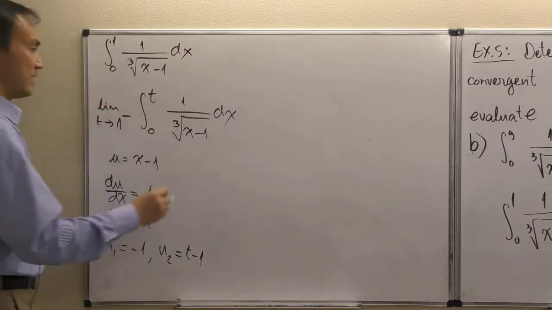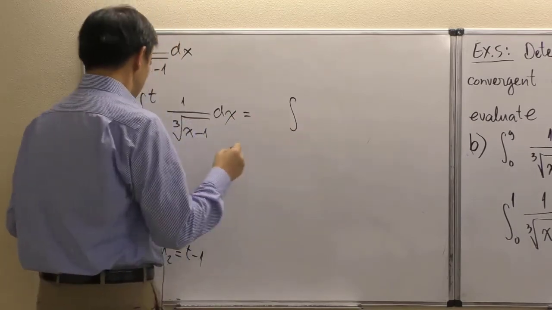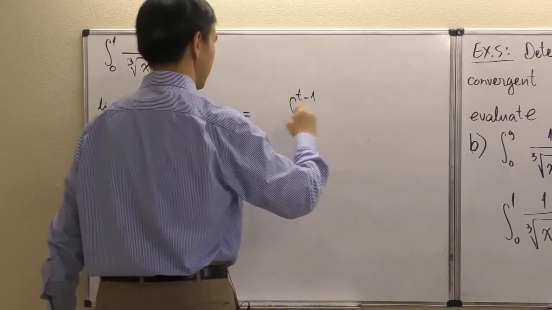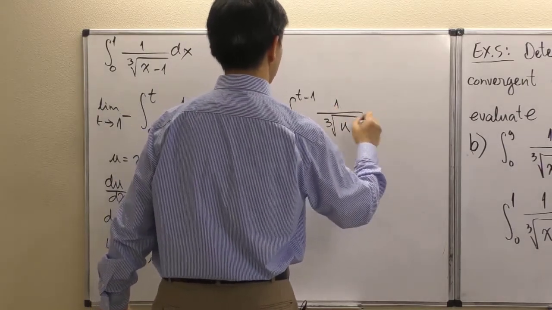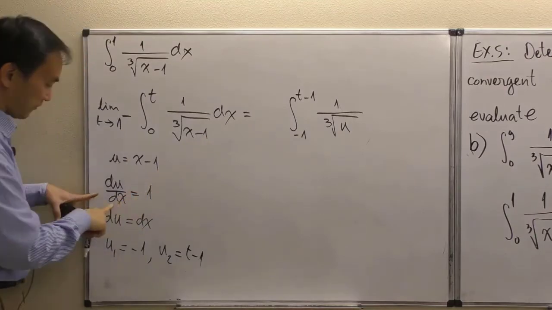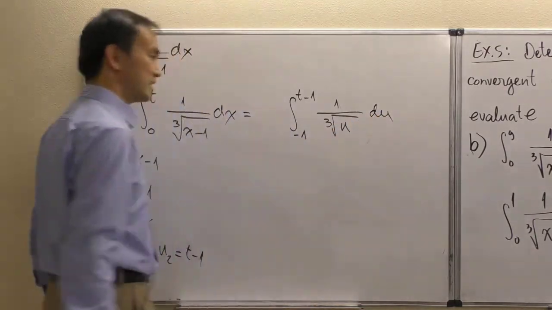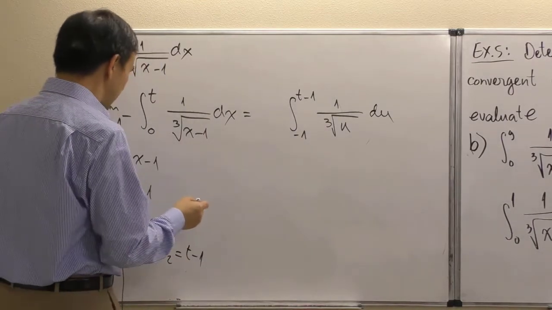Now the integral becomes the integral from negative 1 to t minus 1 of 1 over cube root of u, and dx gets du as a substitution. And so now I'm quite ready.